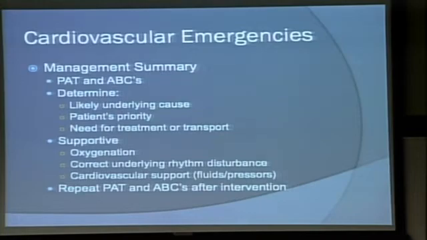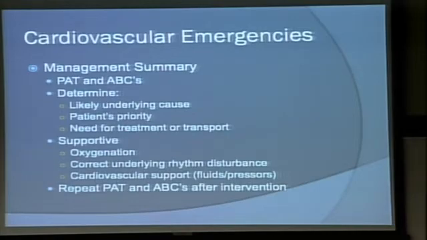So, what are you going to do if you take care of a child that you suspect has a cardiovascular emergency? Now, if they have paroxysmal atrial tachycardia, or anything, you can do your assessment looking at the patient assessment triangle. Do they look sick?